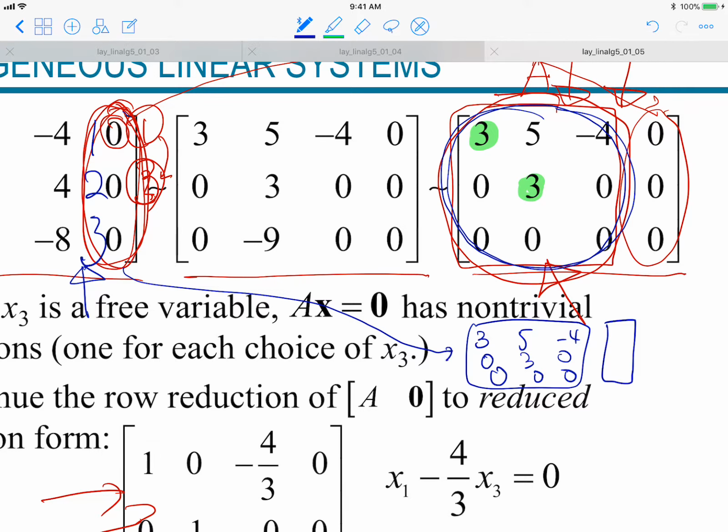So my point is that if you do the row reduction, this A part will not change at all, regardless of this B part, okay?